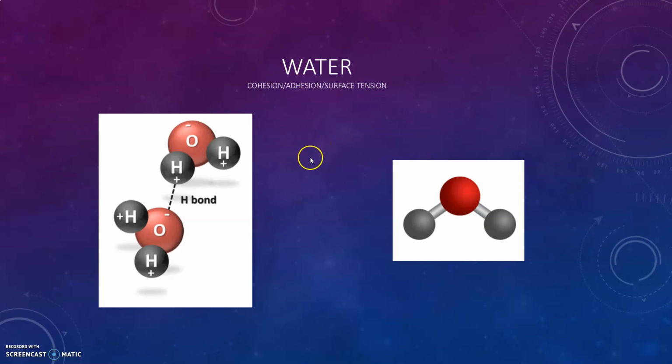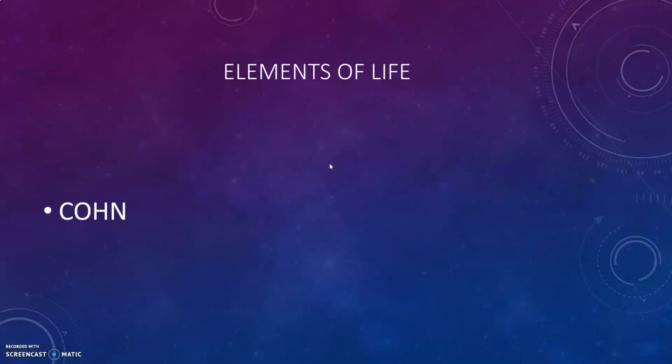I got 15 minutes to finish this, and I'm going to move fast. All right, elements of life. It's kind of a lame photo, but really that's it. Carbon, oxygen, hydrogen, nitrogen. Carbon is used to build biological molecules, the backbone of living things. All those macromolecules are carbon-based.